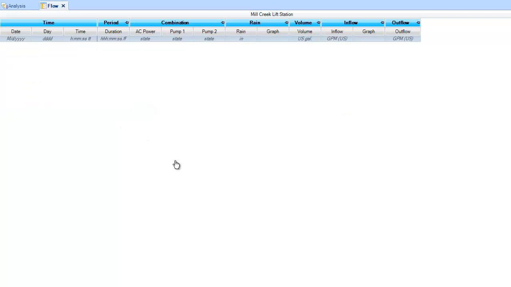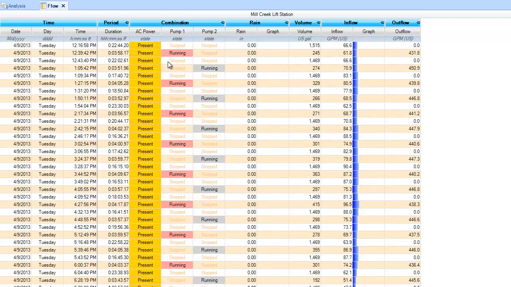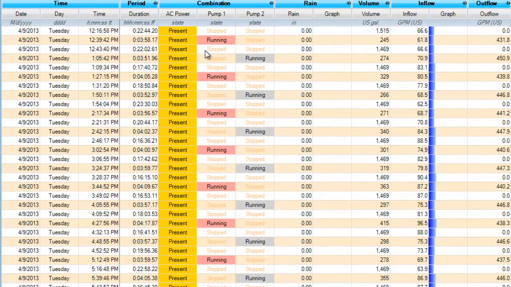Now, if I go straight into the flow and rain report, you're looking at the timestamp data that's taking place regarding the pumps. There's a lot more data being recorded out at the station, but this report is giving you the timestamp data for the pumps themselves. So you see when a pump turns on, the date, the day, the time, and the duration of the period.